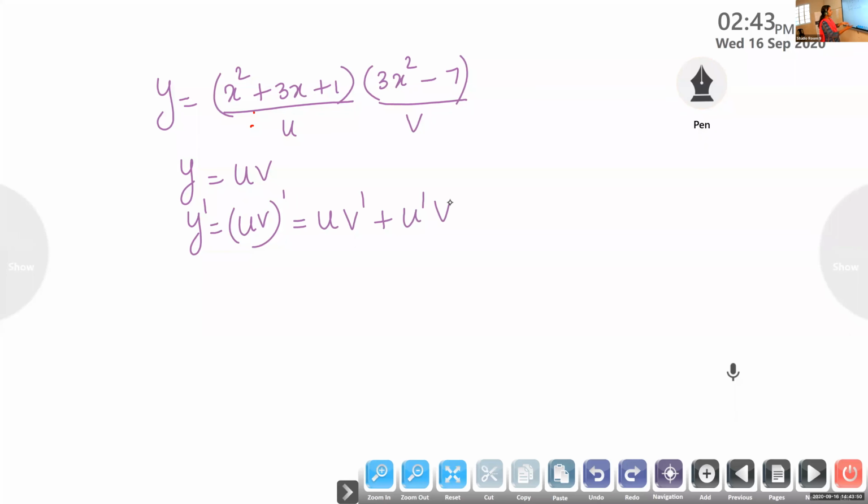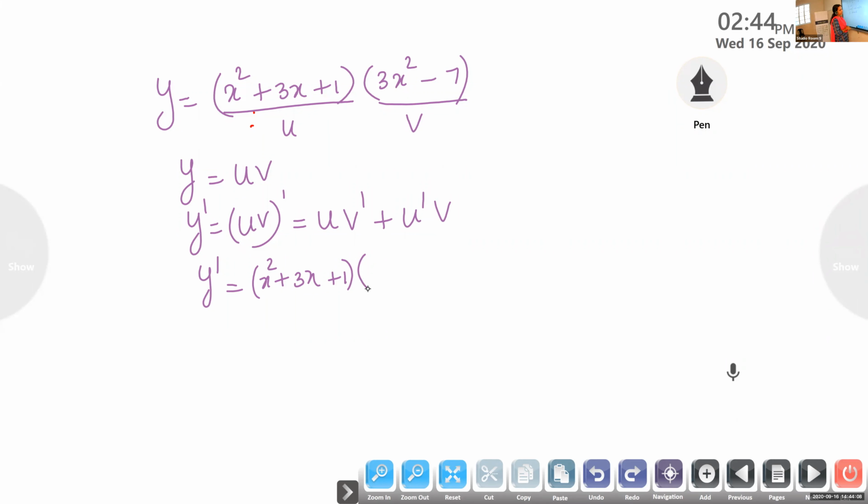Hereafter, is it needed to write the steps again and again? Shall we differentiate and write directly? So y' is equal to u, what is u here? x square plus 3x plus 1 into v'. What is v'? 6x. Very good.